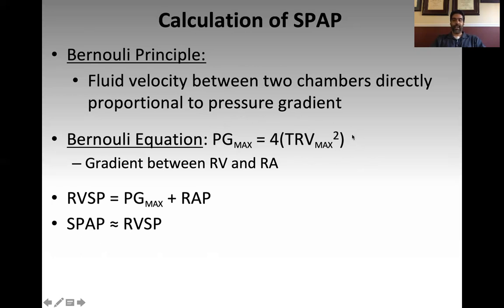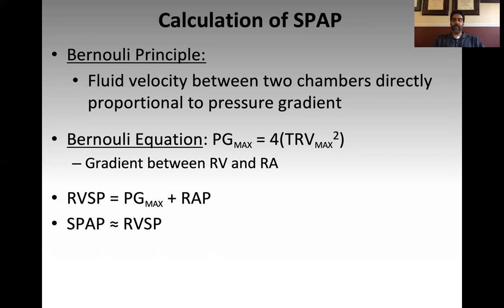The one that the aviation guys use is much more complicated, but we're just dumb doctors, so we use a simplified version of it. The simplified version says that if you take the velocity, in this case of the TR jet, and you square it and multiply it by 4, so TR velocity squared times 4, that will give you the pressure gradient between the chamber driving the flow and the chamber receiving the flow.